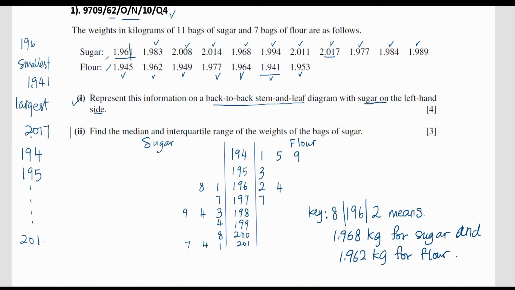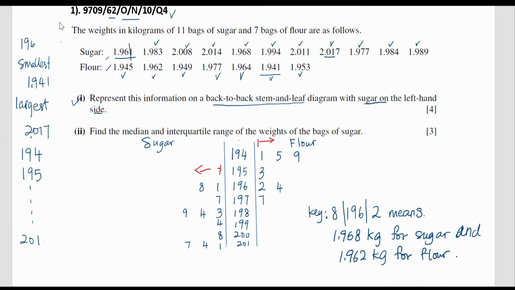So what are the important points here? You must make sure the smallest number is closest to the stem, spread out from the middle towards the side, smaller number followed by greater number.